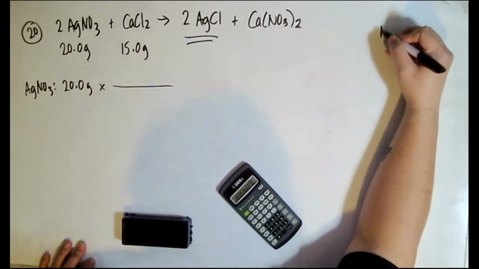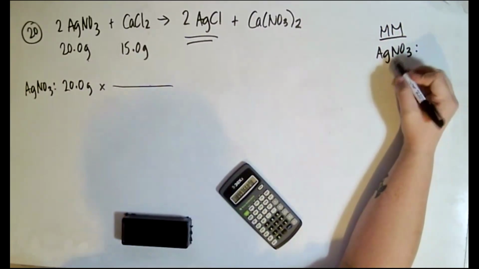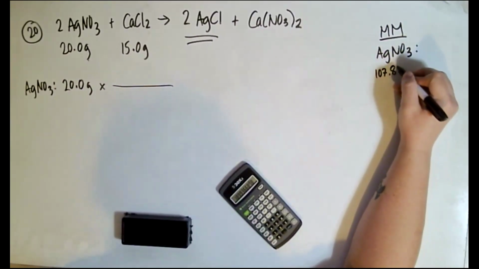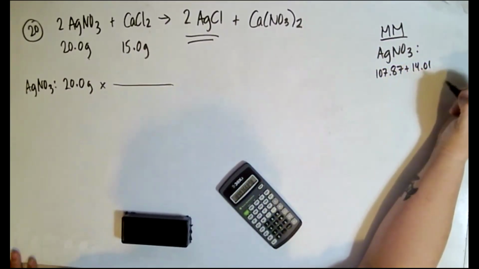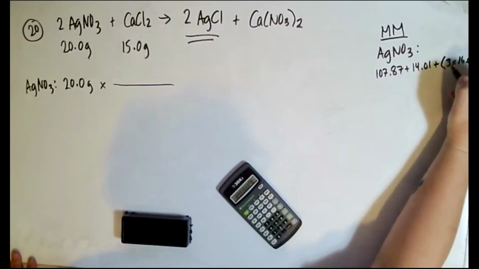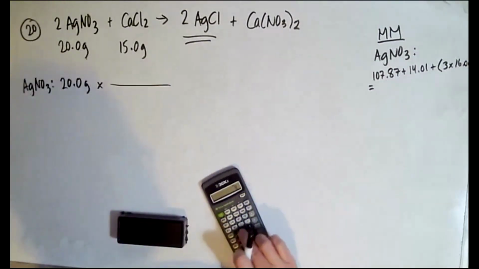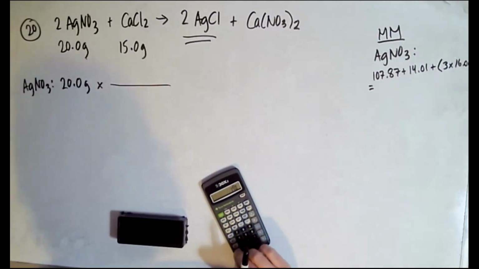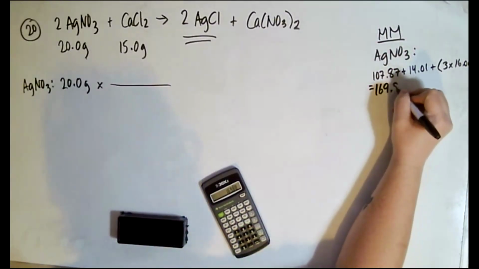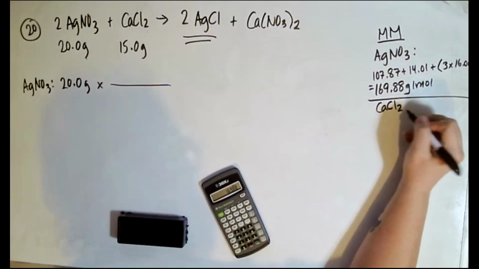Let's write down some molar mass values over here. So our AgNO3 is going to be 107.87 plus 14.01 plus 3 times 16. Okay, we need a molar mass for CaCl2.